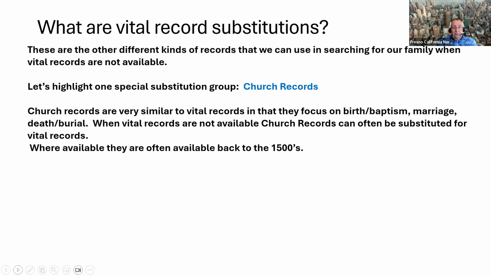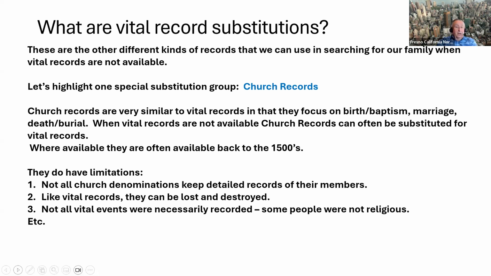The thing that's nice about church records is they will go back possibly to the 1500s in some religions, and they will focus on what usually are called the sacraments: birth, baptism, marriage, and death and burial. And so you're going to get some of the same basic information through church records that you get from vital records or from the civil registrations in different countries. They kind of overlap and cover the same things, but these will go back even further.